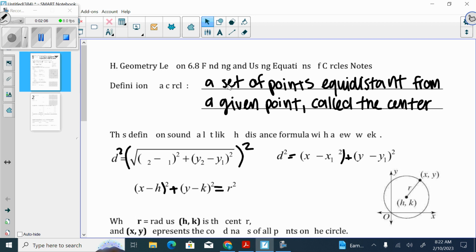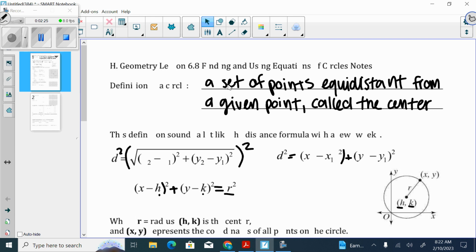So h and k are going to be the coordinates of the center of your circle. Whatever those coordinate points are, that's what you'll plug in right here in the equation for h and k. And then r represents our radius.